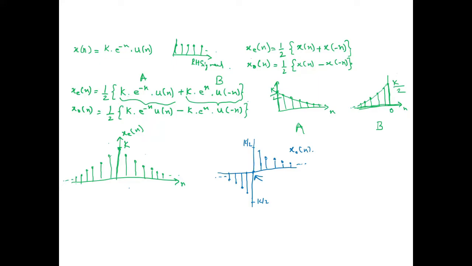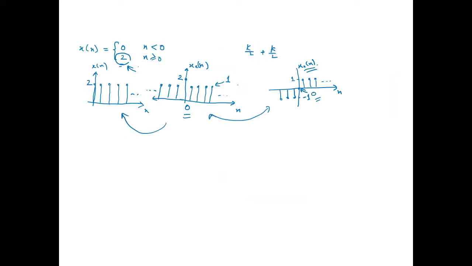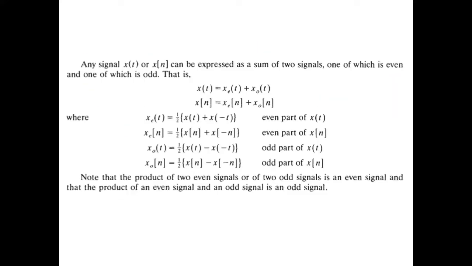Now any signal can be represented as a combination of an even signal and an odd signal. So when we say it is an even signal, the even signal is equal to half of x of n plus x of minus n, and the odd signal is given by half of x of n minus x of minus n.